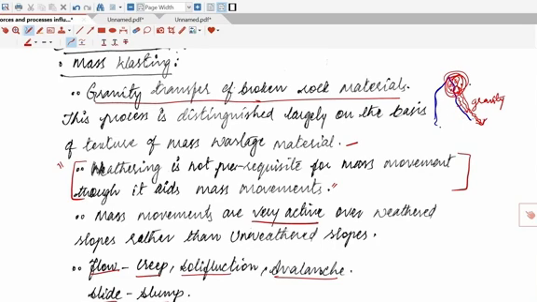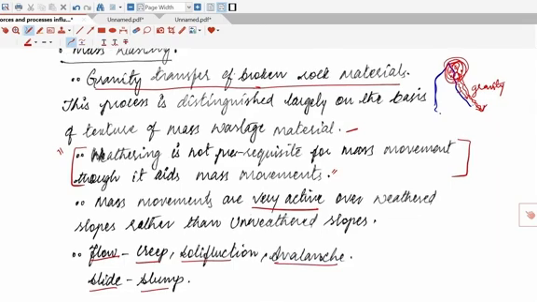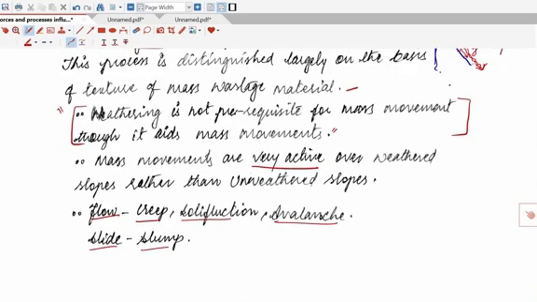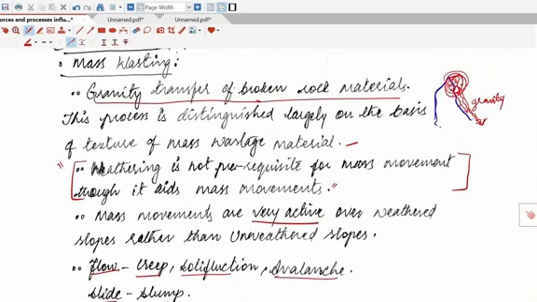And when ice particles bring the rock materials or granules with them, then it is called an avalanche. And due to some anthropogenic causes, the land gets slid, so we call that a landslide. So these examples come from here.